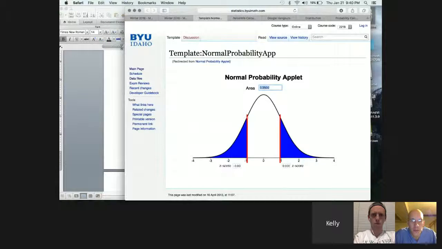But the other things have to be calculated using the z-score under the left red line. You put whatever your answer is for the calculation of x equals the mean symbol plus the z times the standard deviation.